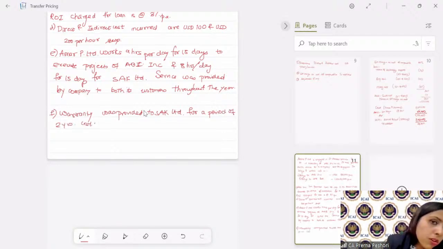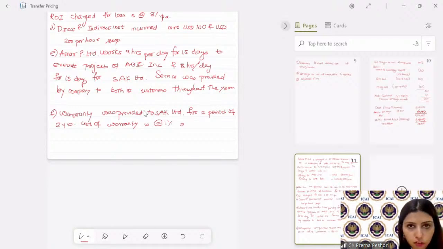Cost of warranty is at the rate of 1% of direct cost incurred.